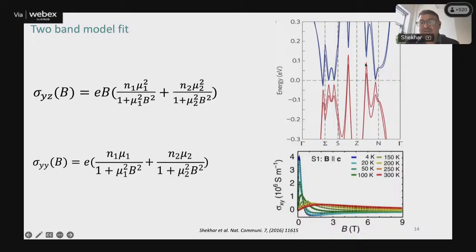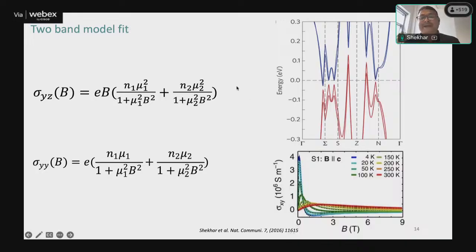So this metal does not have a single charge carrier, not a single band. We really have a multi-band system. So what we calculated from the previous data with the simplest formula is not true. That value is overestimated.